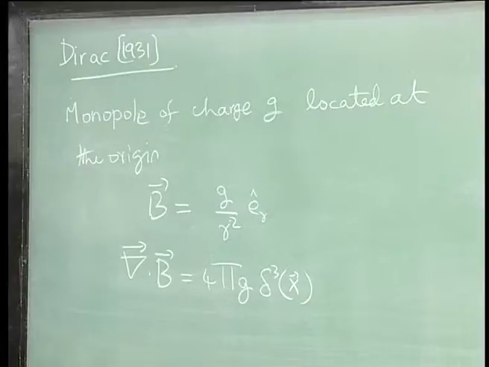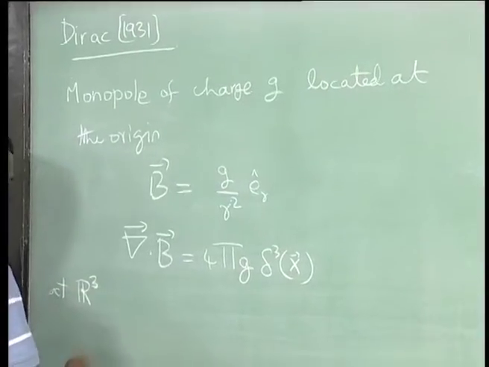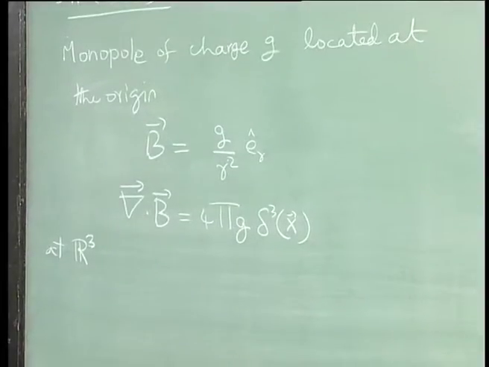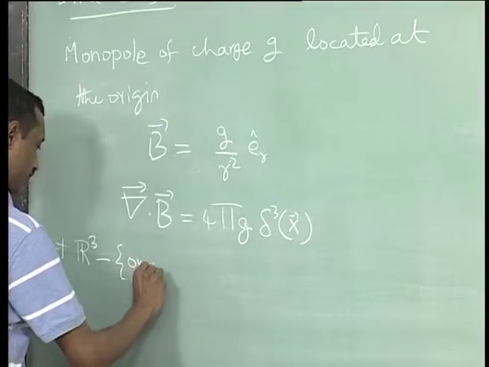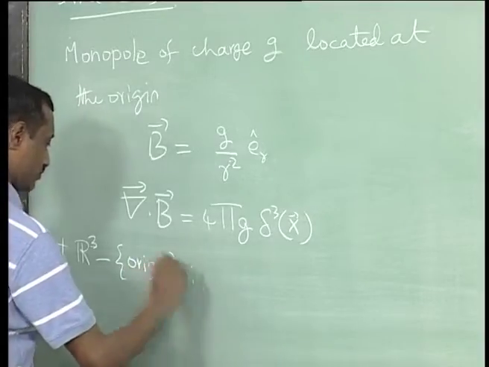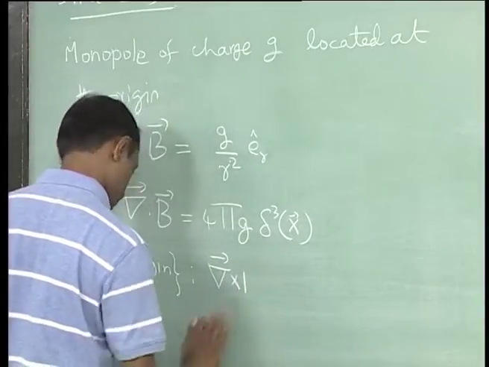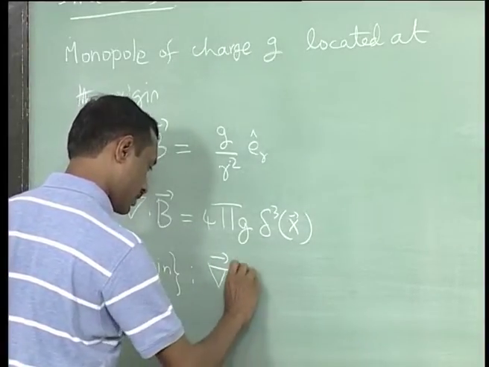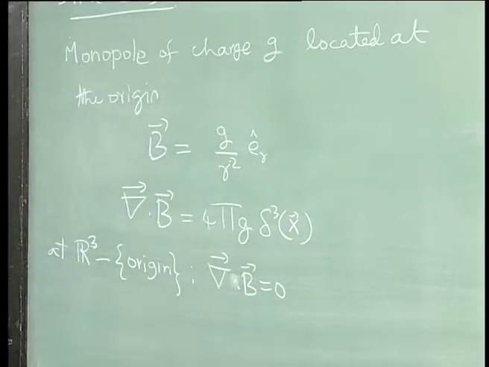So if you observe here, space is just R3. If we delete the origin, del dot B is 0, because this is a delta function. So it is not so bad.